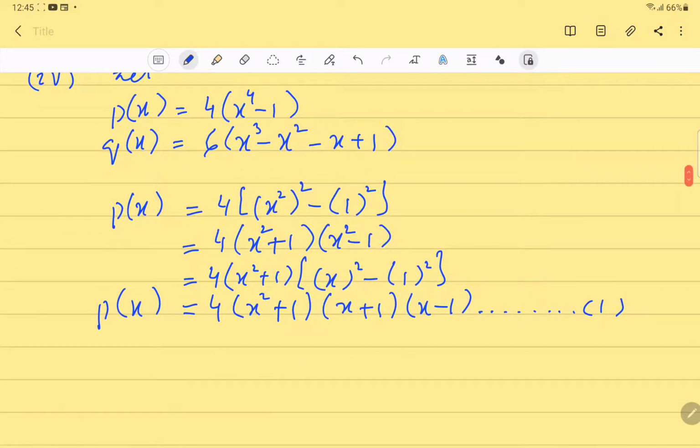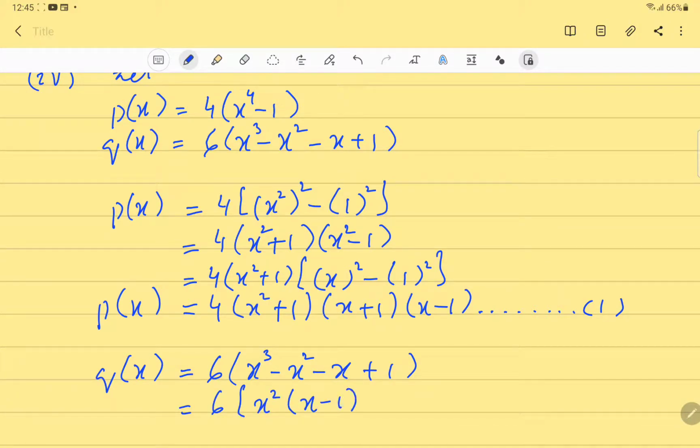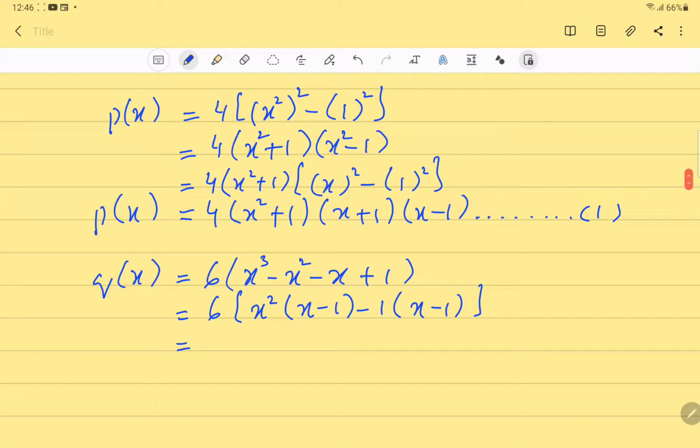Okay, now we move on to our second expression, which is qx equal to 6 into x cubed minus x squared minus x plus 1. We have 4 terms inside the bracket. In the first 2 terms we will take x squared common, and in the second 2 terms we will take minus 1 common. So let's do it. It is 6 into x minus 1 into x squared minus 1.